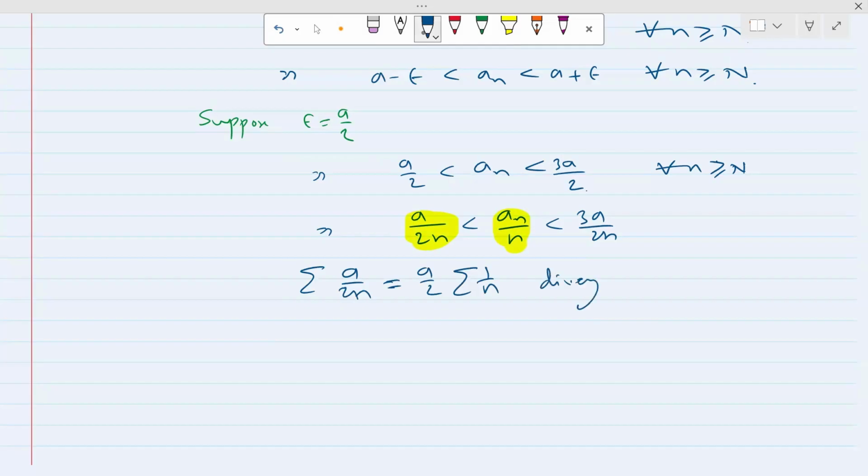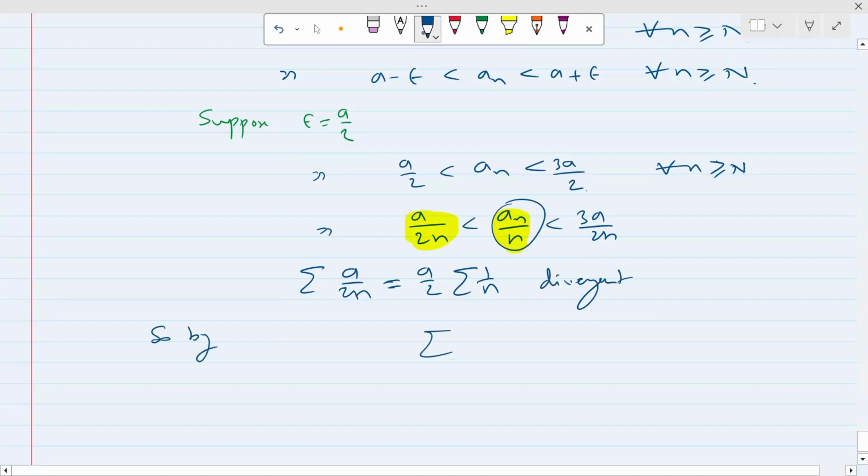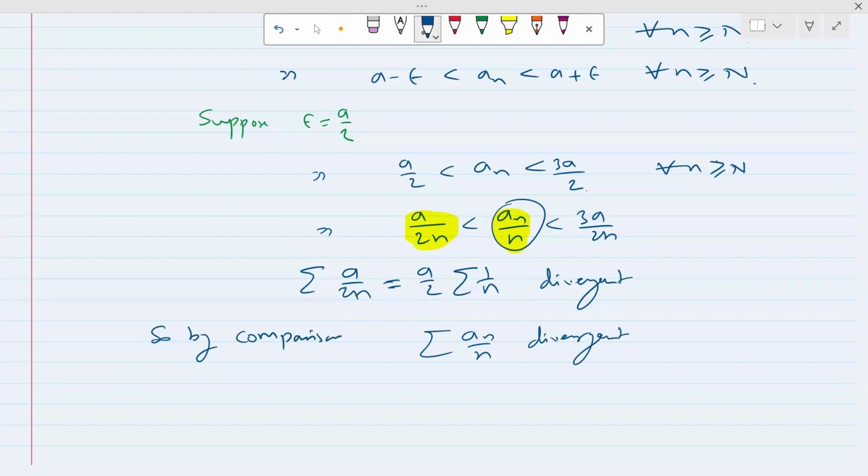So what can I say about this series now? Overall, it will be divergent. Since it is a series on the upper side, it will diverge. So by which test? Comparison test. Yes, very good.